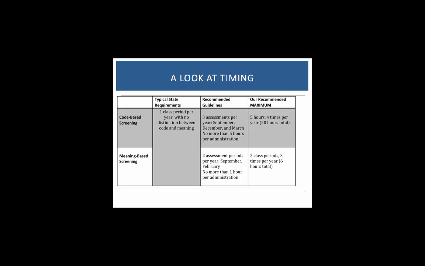Meaning-based skills, on the other hand, should be assessed during 2 assessment periods, September and February, for no more than 1 hour per administration. The majority of these assessments are group administered, and so we are talking about really 6 hours total of meaning-based assessment that should be done for screening purposes in a single classroom. This is a drastic reduction in the typical amount of time spent on assessment in the average American school.